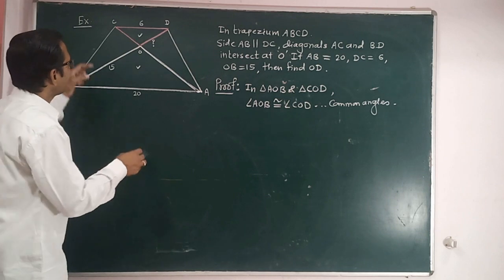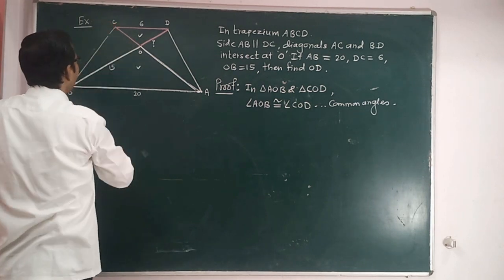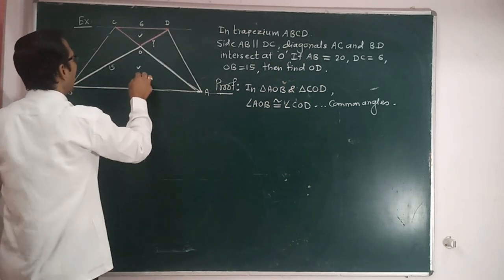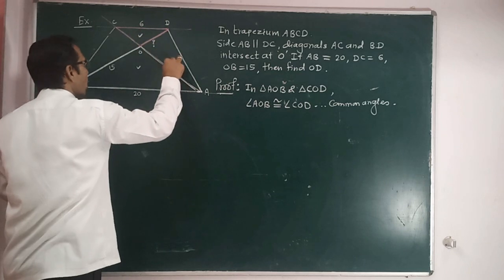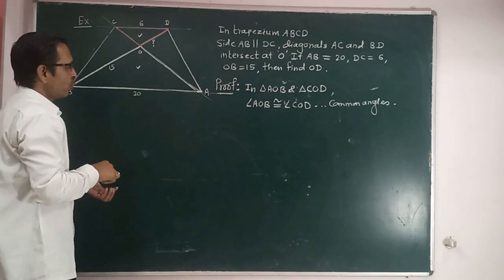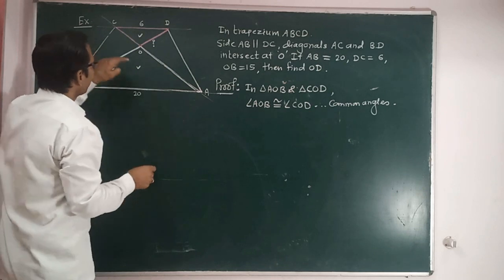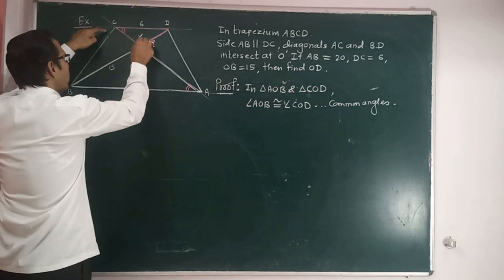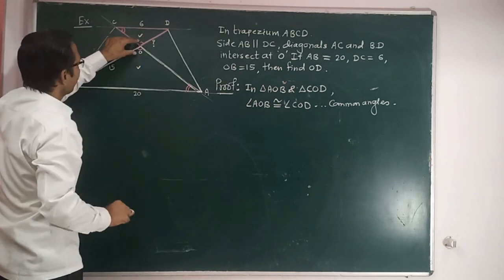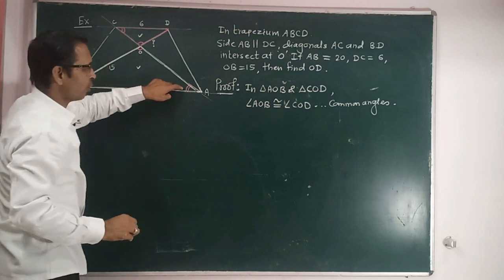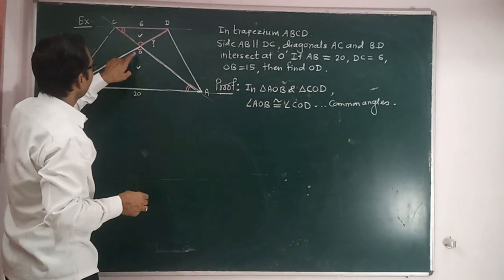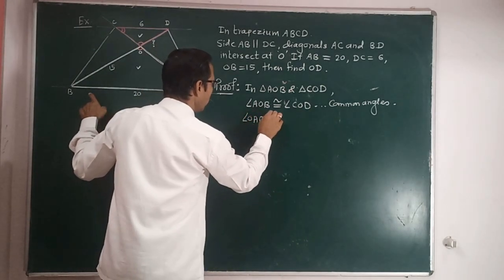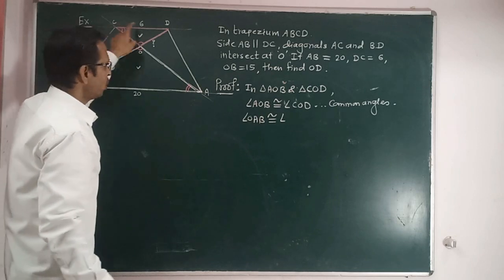Again, if you observe, these two are parallel lines, that is CD is parallel to AB, given to you. If we take AC as a transversal, then angle A and angle C are congruent. This angle is also already congruent, this is a common angle. Means angle OAB is congruent with angle OCD.